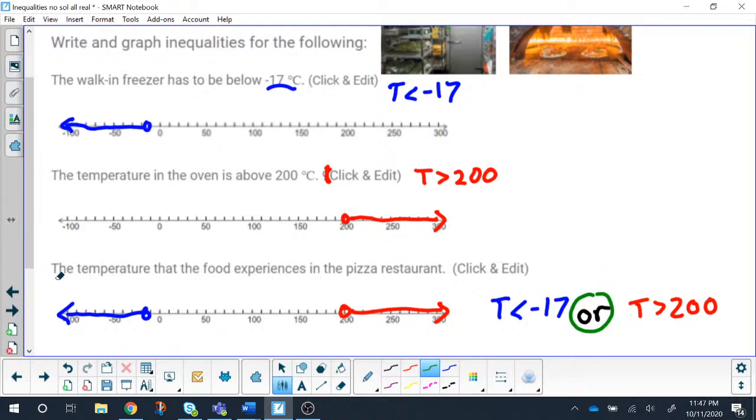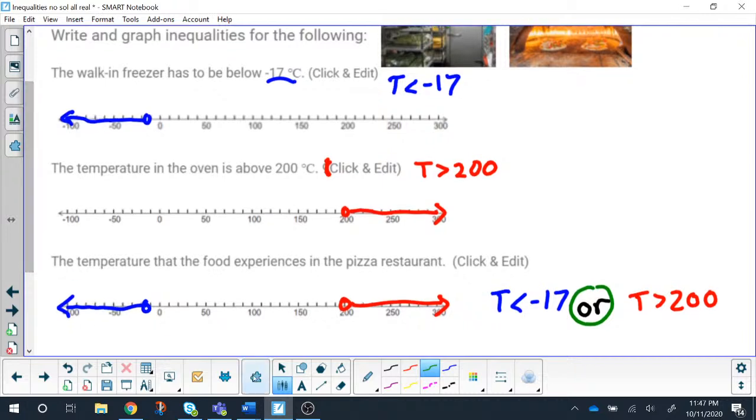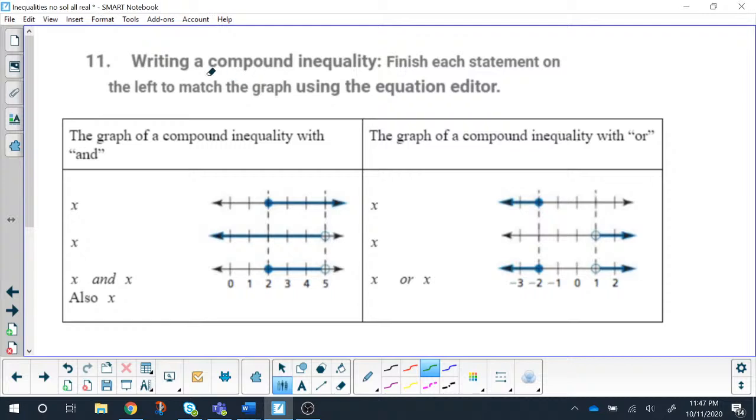I want you to see it's definitely hard to come up with a scenario for this kind of inequality. So again, we're joining these inequalities together. And these are what we call a compound inequality. It might be worth noting in your notes here what a compound inequality is.